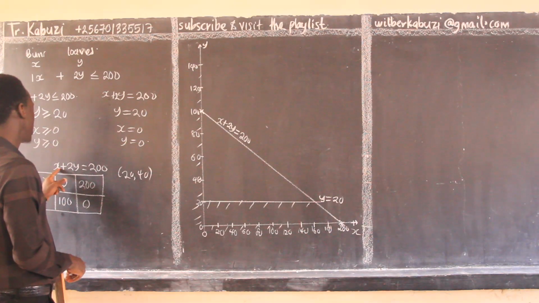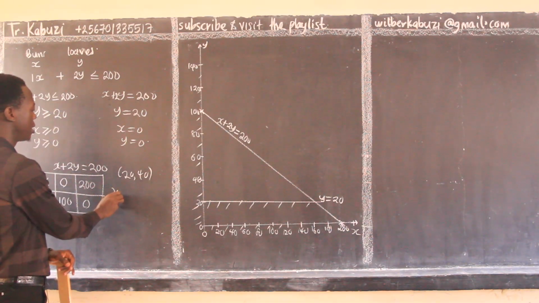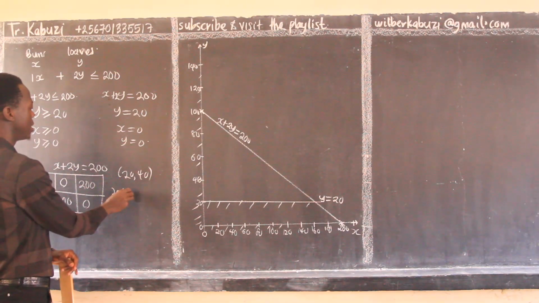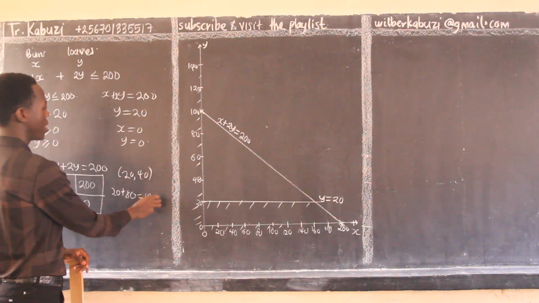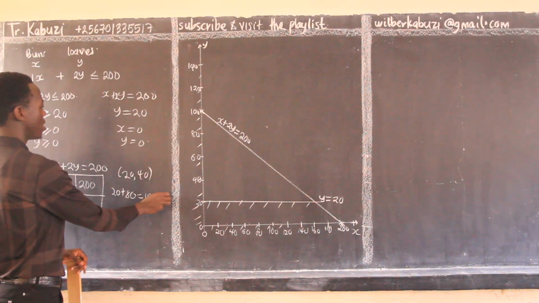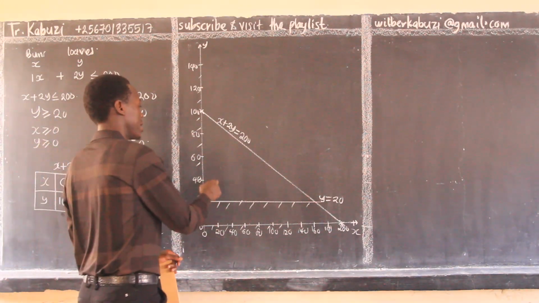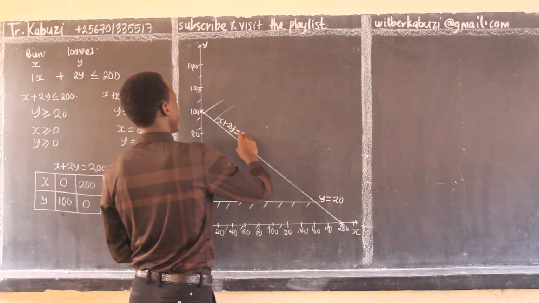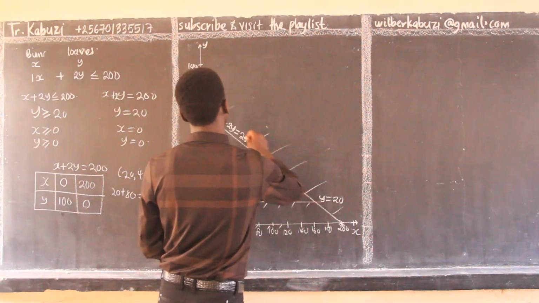Substituting, I have 20 plus 2 times 40, which is 80, equaling 100. 100 is less than 200, so it satisfies that. I want that region, so I'm not going to shade there, I shade the other region.